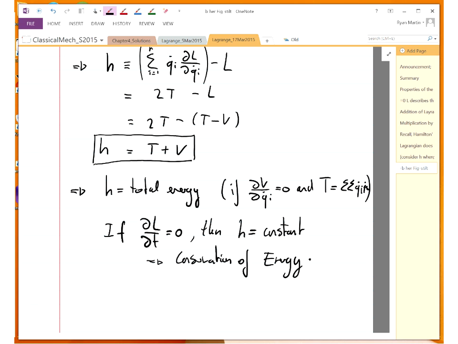If L depended on the absolute value of time, like at exactly what time we are, then energy would not be conserved anymore. And that makes sense. If gravity, for example, changed with time, then motion in the gravitational field wouldn't conserve energy.